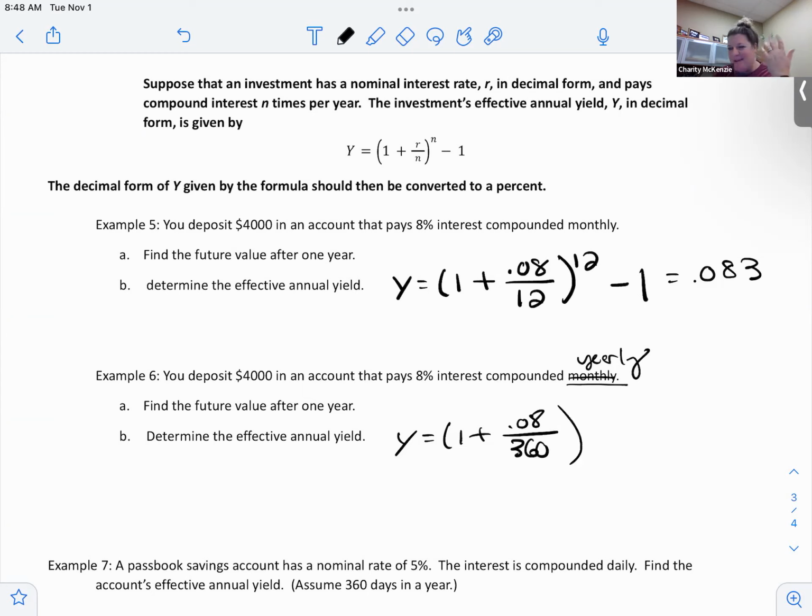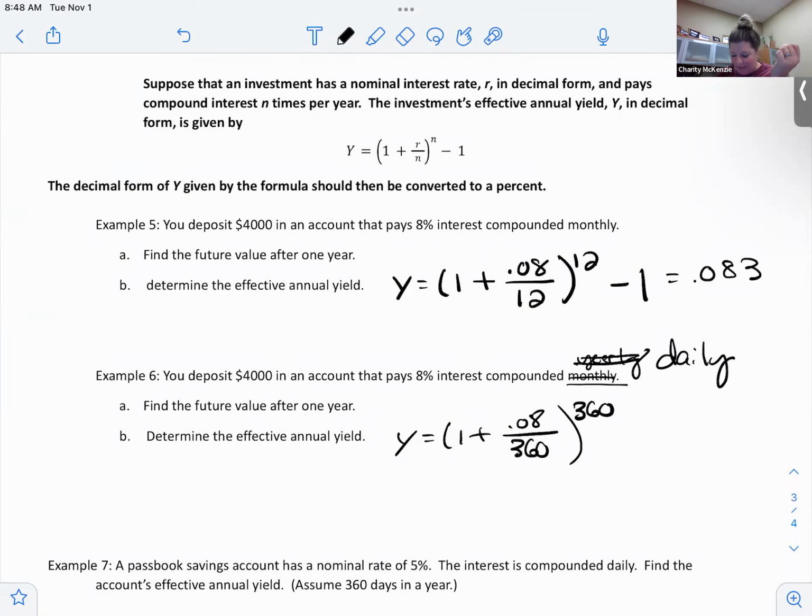If you miss a problem because of that, you can just shoot me a message, ask the instructor, and I'll give you the point on that. Unless it clearly says use the banker's year, and then you have to use 360. Okay, and then this is to the power of 360 because this is compounded daily. Oh, I said yearly. I meant daily. Did I confuse you? Sorry. Yearly's 1. That's lame. Daily.